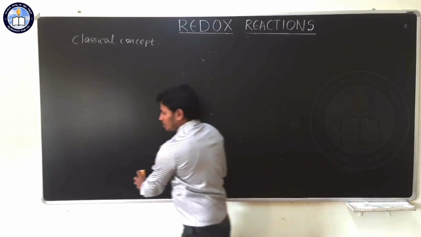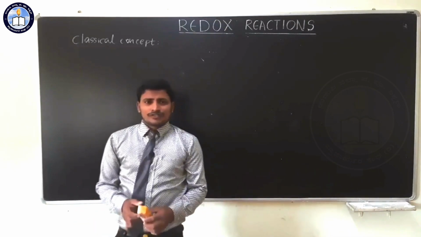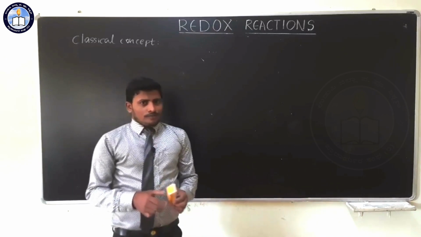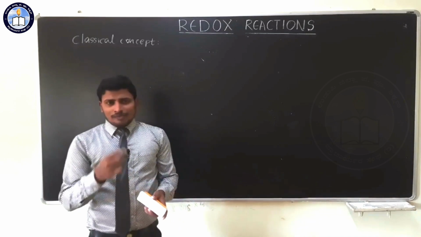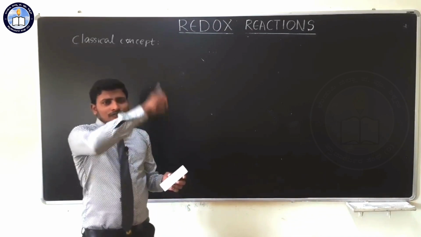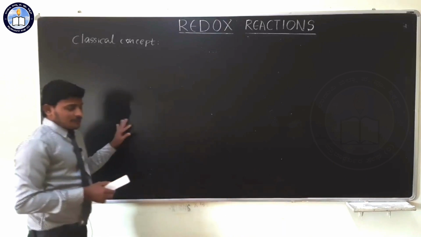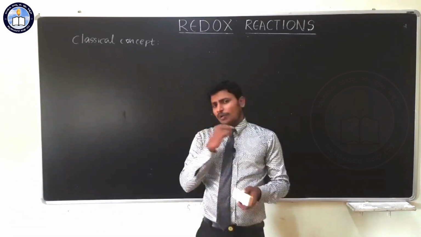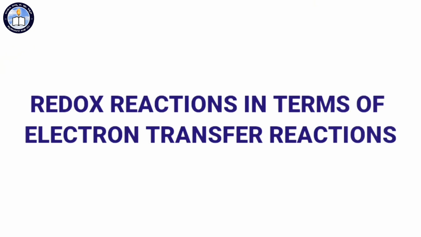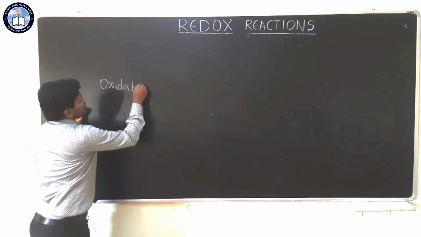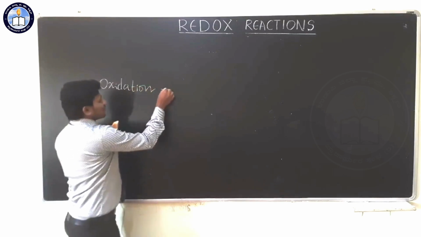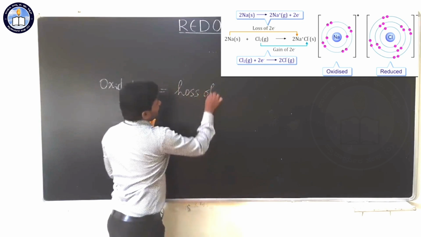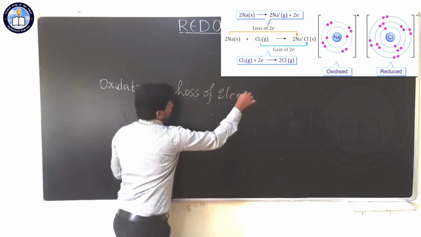Then if you ask, sir, what about in terms of electrons? Many of you learned that in certain chemical reactions where transfer of electrons is taking place, certain things are oxidation and certain things are reduction. But how is it possible? In terms of electrons, oxidation is nothing but loss of electrons.